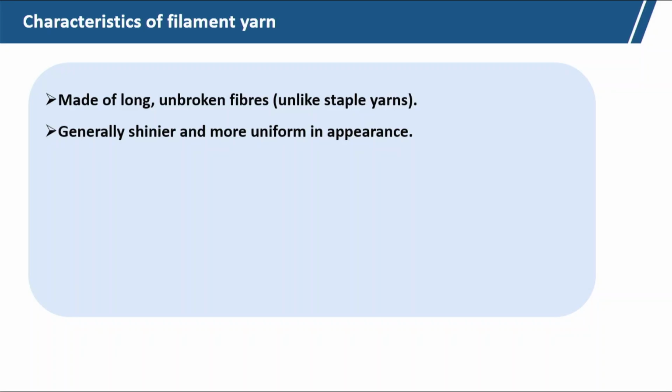The filaments are produced through the spinneret, and if the spinneret hole is uniform, there is least chance of non-uniformity in the filament cross section, because they come from a specific hole.